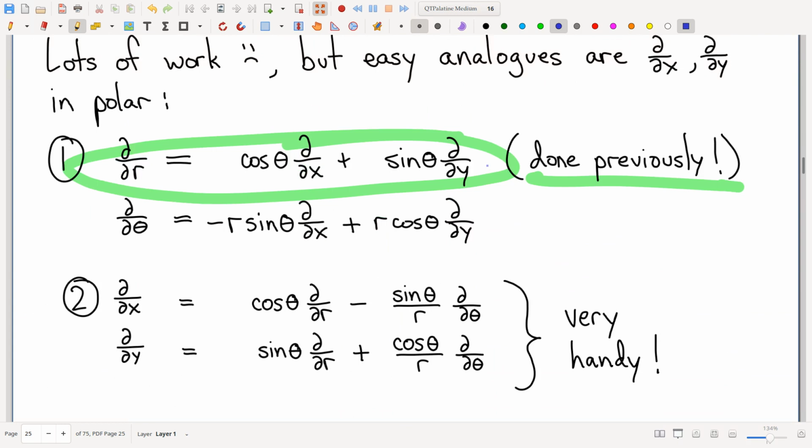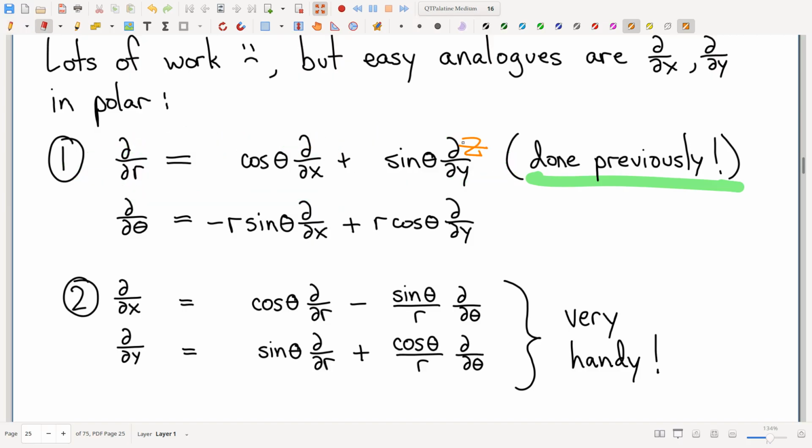Said differently, if I were to just stick a z into here, there, and there, and there, this is literally exactly the equation on the previous page. So this is old news, just written differently. Is that cool? Okay, so no big deal.